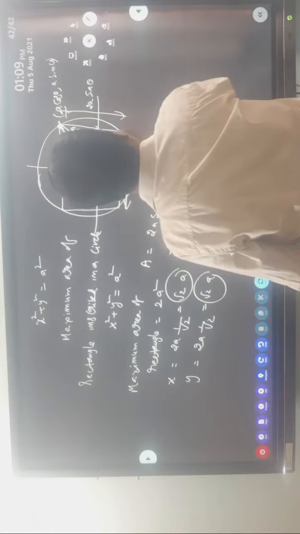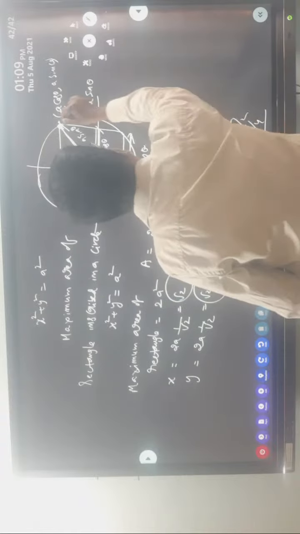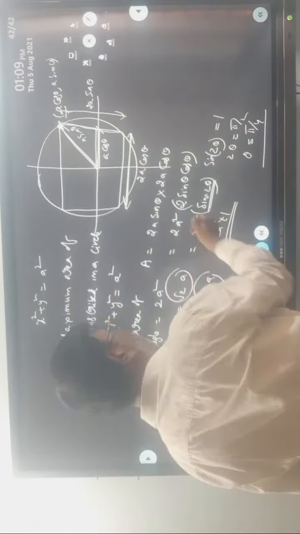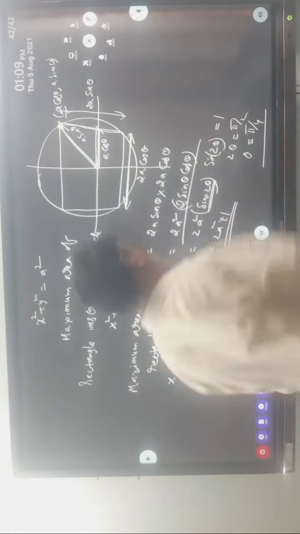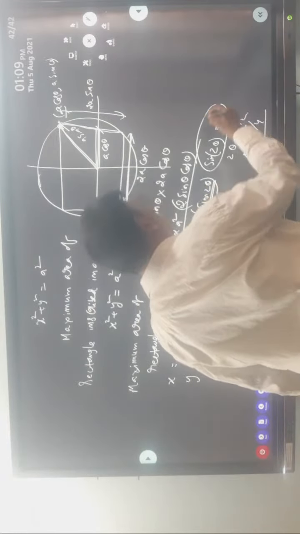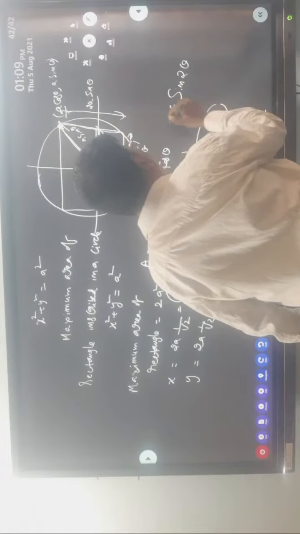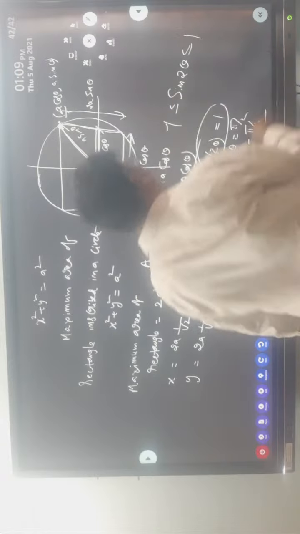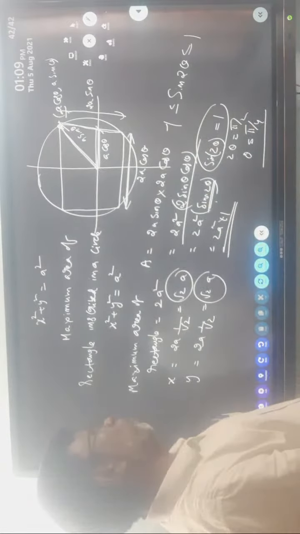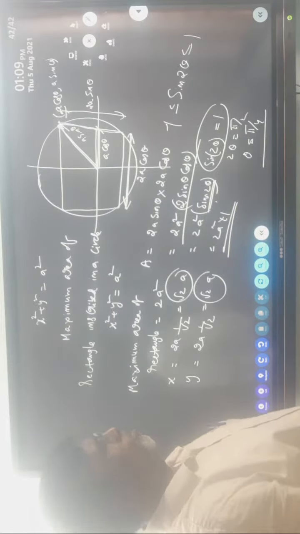So the total length is 2a cos theta and here it is 2a sin theta. This is a simple derivation. The area is 2a square sin 2 theta. Sin 2 theta always lies between -1 and 1, and 1 gives the maximum value. Theta equals pi by 4. So this is a very important shortcut. We have to remember that.